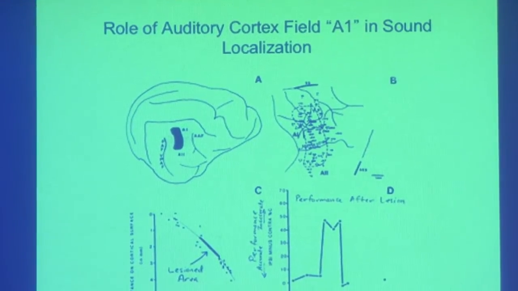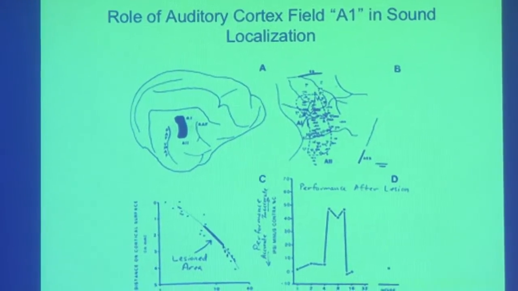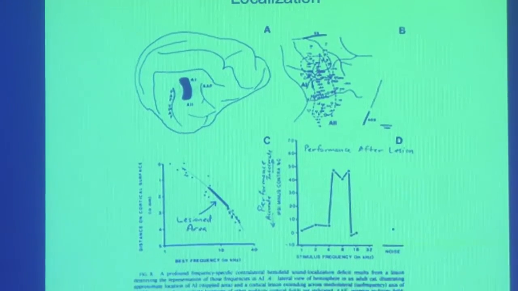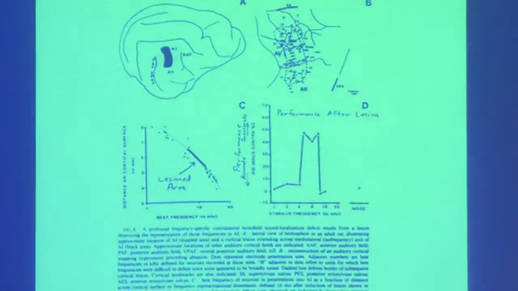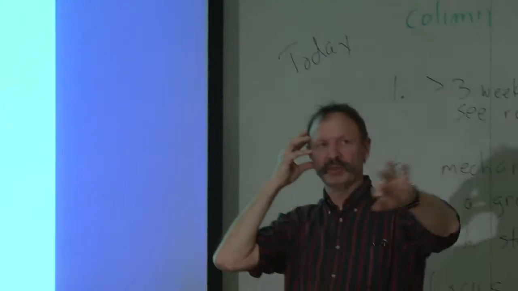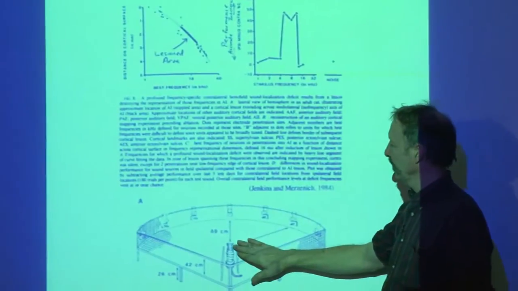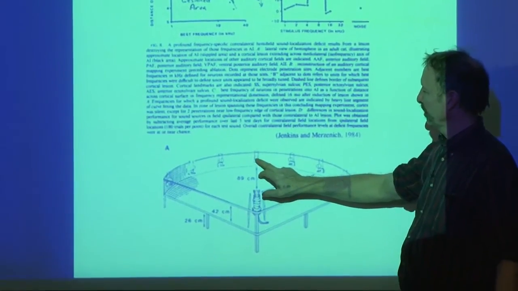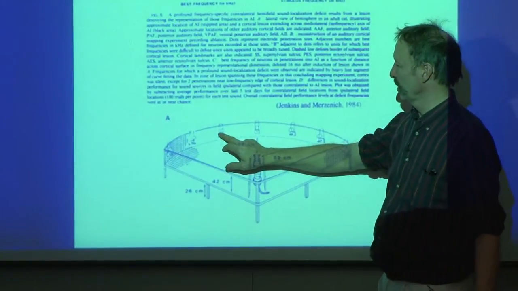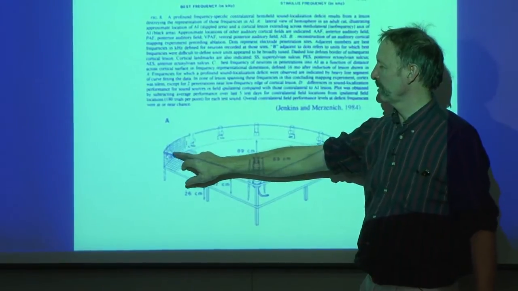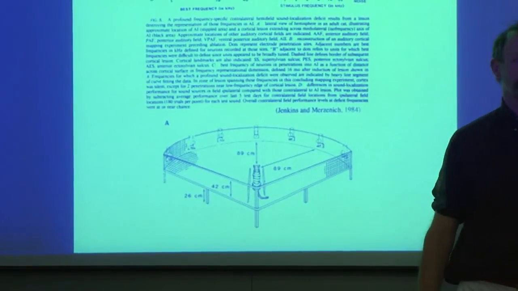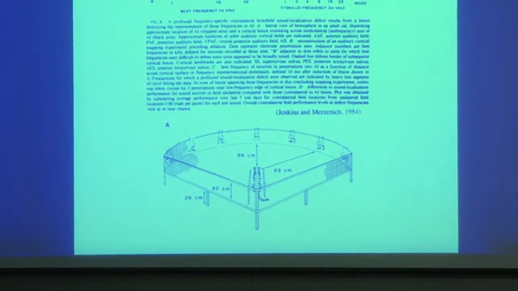When a lesion is made on the right side of the auditory cortex, the animal has problems localizing sound in the opposite hemifield. The animal doesn't know if it's this speaker, this speaker, this speaker, or this speaker that's emitting the sound. It has random performance on that side.